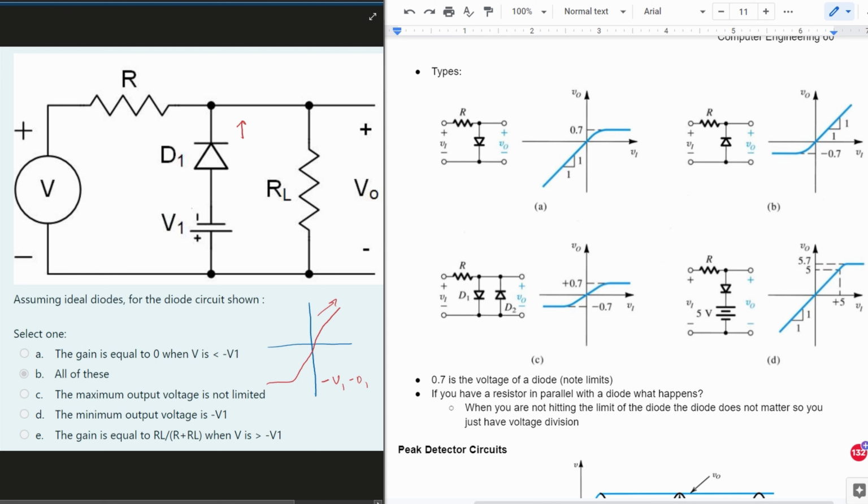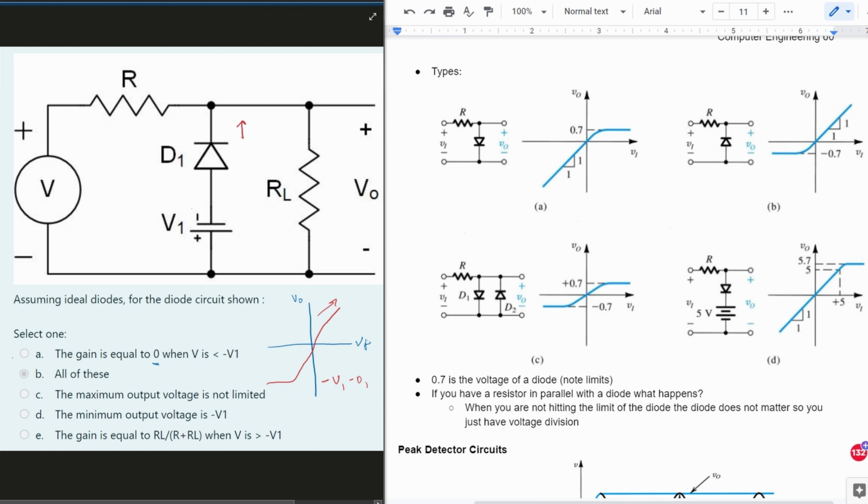So the first one says the gain is equal to 0 when our V is less than our negative V1. Well, this is voltage output over the voltage input. When our V is less than the negative V1, we are going to be in this area over here. And in this area, we can see that it flattens out, and so it's going to be 0.